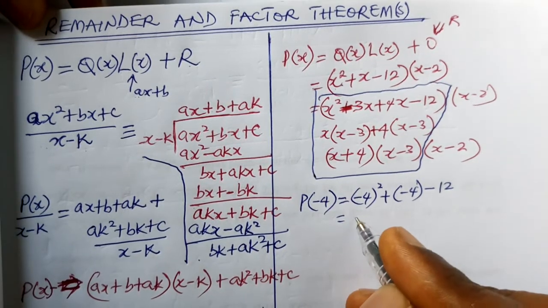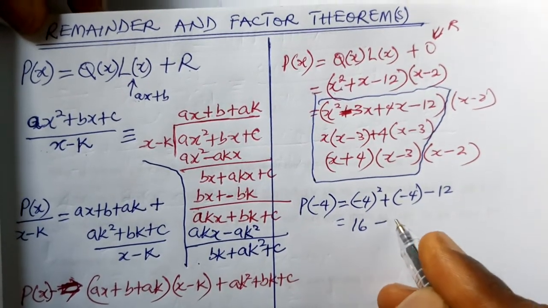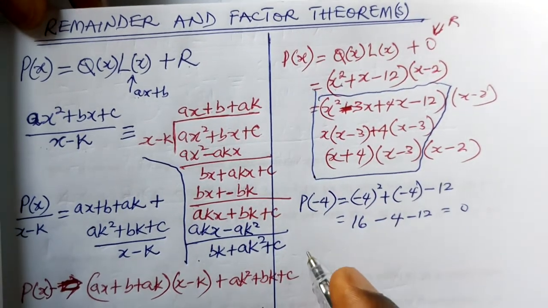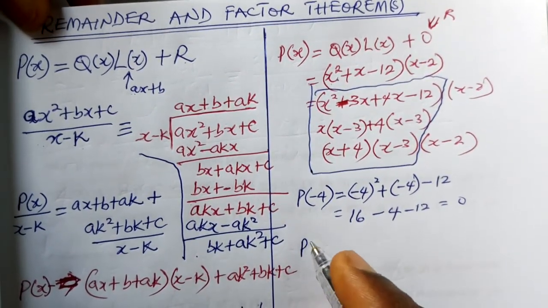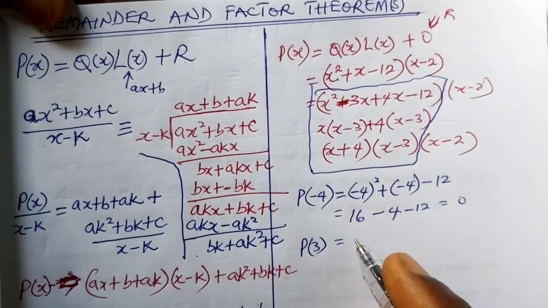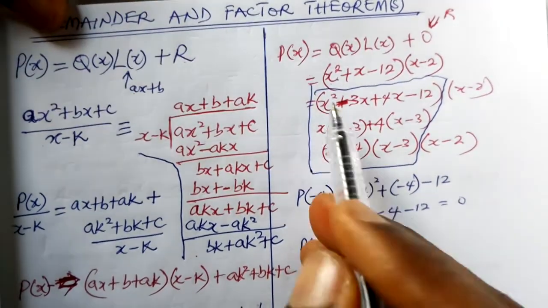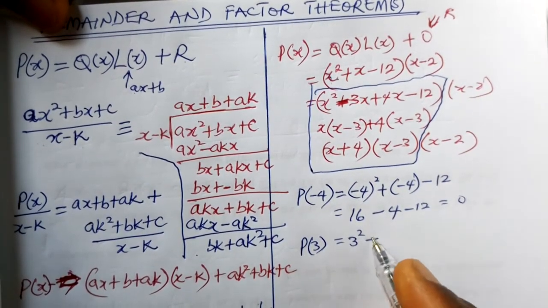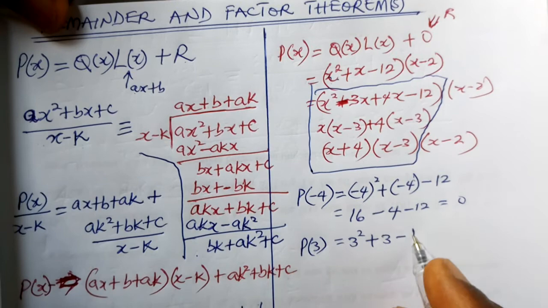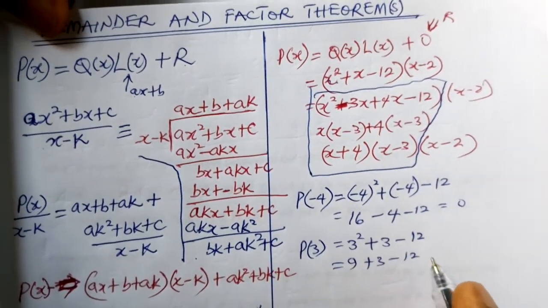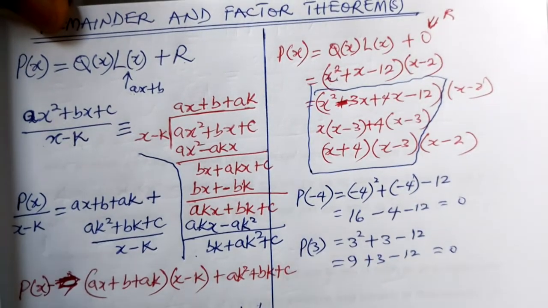So that is 16 minus 4 minus 12, and that is 0. So it is a root. Also, p of 3, which is supposed to be a root. So we will have 3 squared plus 3 minus 12. So we are having 9 plus 3 minus 12. That is 0. It's also a root.